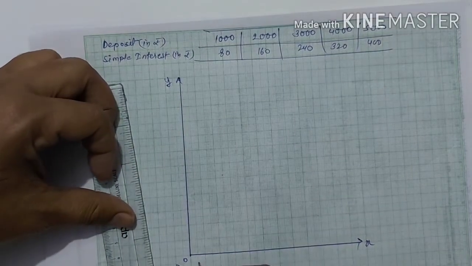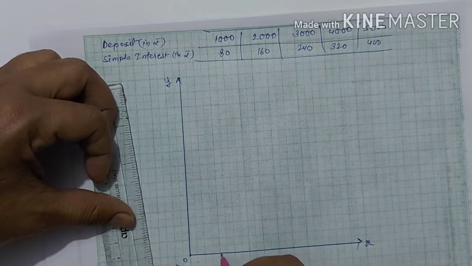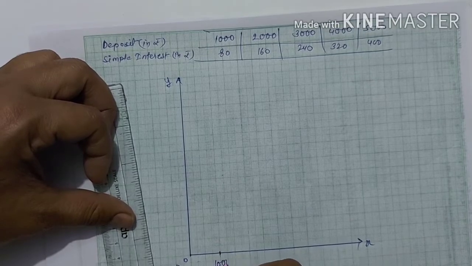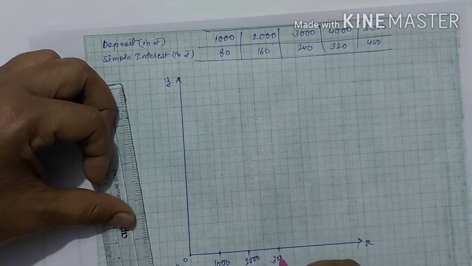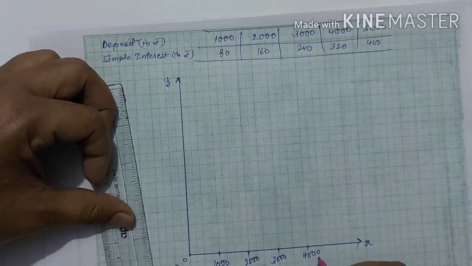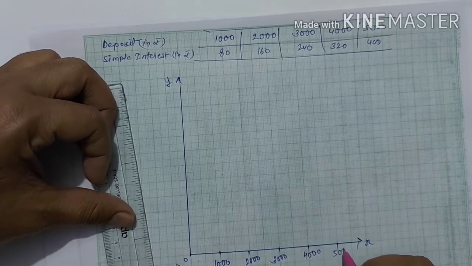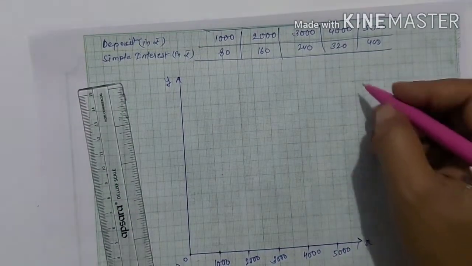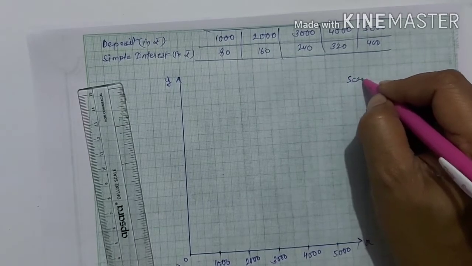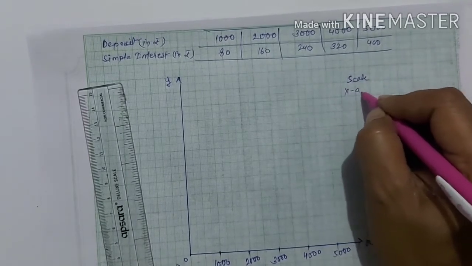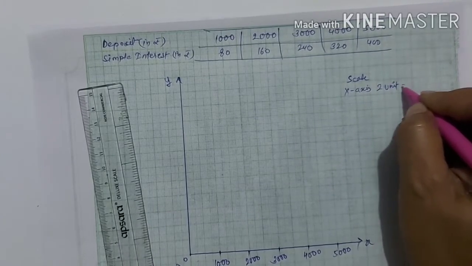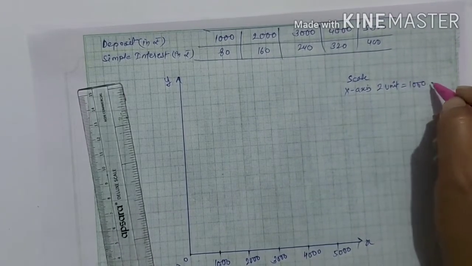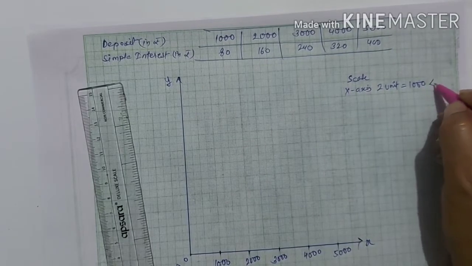Here I take two blocks for 1000, 2000, 3000, 4000, and 5000 is at 2 units. It means the scale on the x-axis is 2 units equal to 1000 rupees.